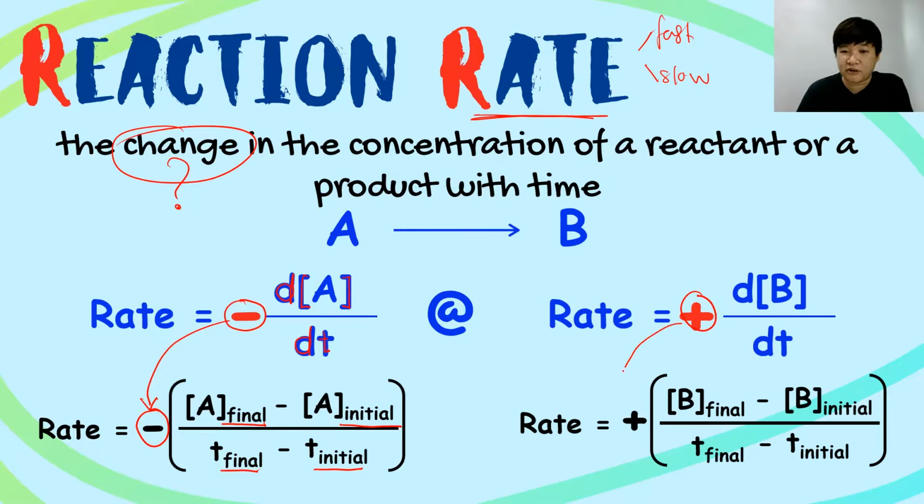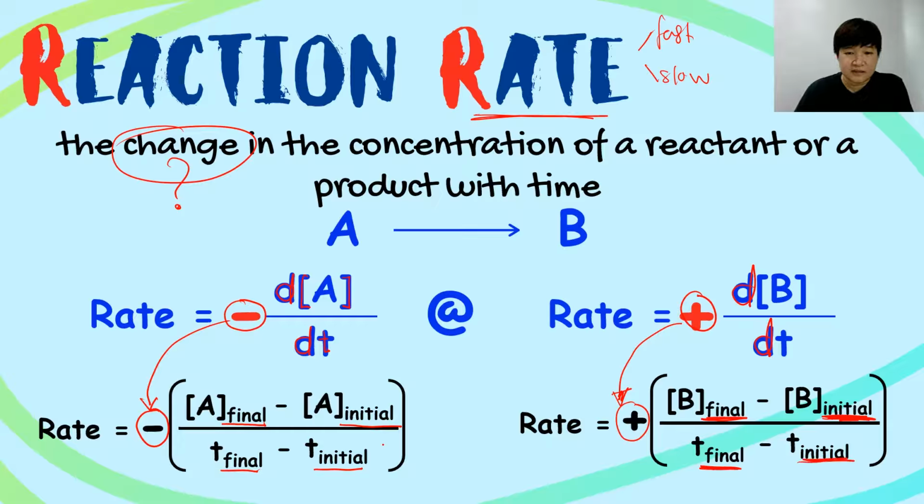The positive of the product still remains, because it's a product where the concentration should increase along the time. And you can see the formula is similar, where to get the change in concentration and the change in time, you simply use the final concentration minus the initial concentration over the final time minus the initial time.